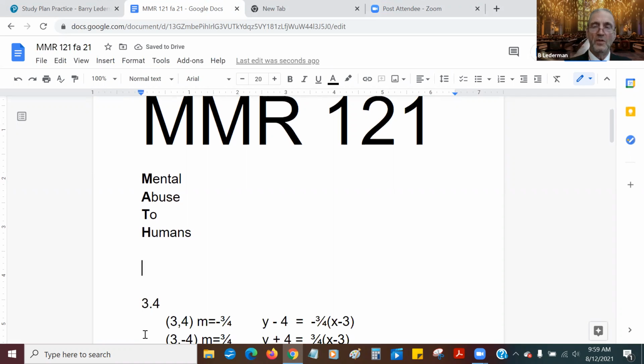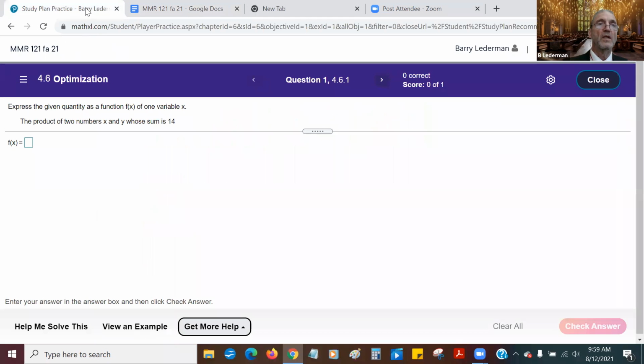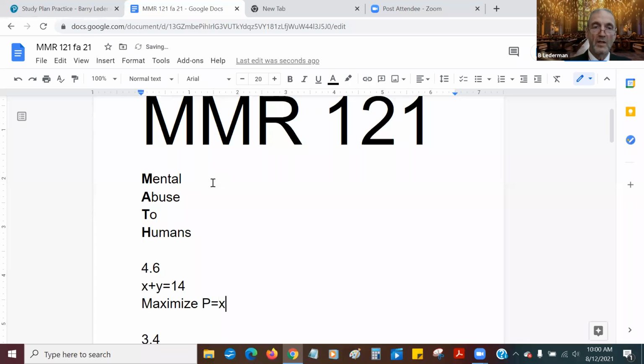And this was 4.6. And so we have two numbers, they add up to 14, and we want to maximize P, which stands for product, which is xy.